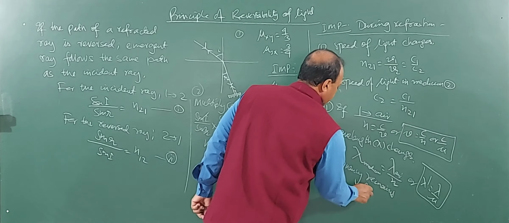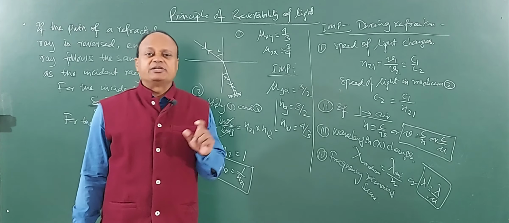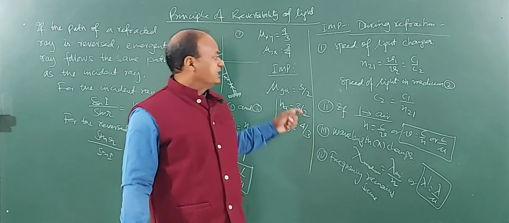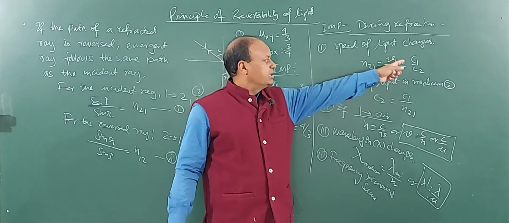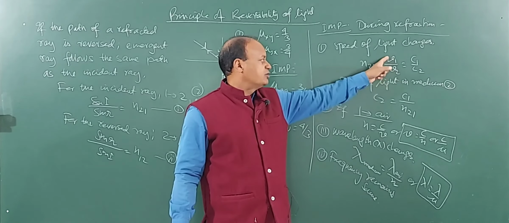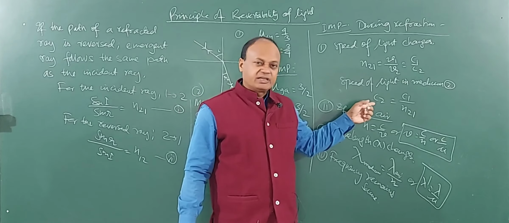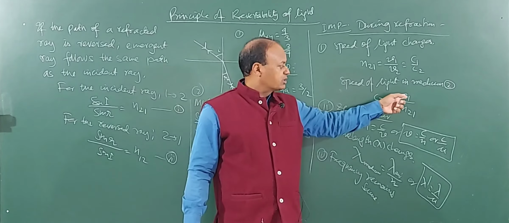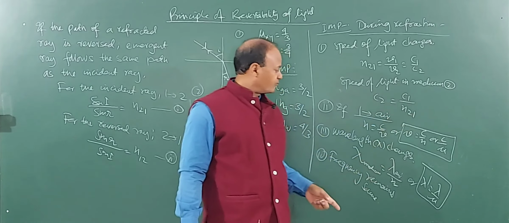So these are important deductions, that during refraction speed of light will change. And here you have the formula: refractive index of medium 2 with respect to medium 1 is speed in medium 1 divided by speed in medium 2. You can use C1 by C2 or V1 by V2. Then speed of light in medium 2 is equal to speed of light in medium 1 upon refractive index of 2 with respect to 1.